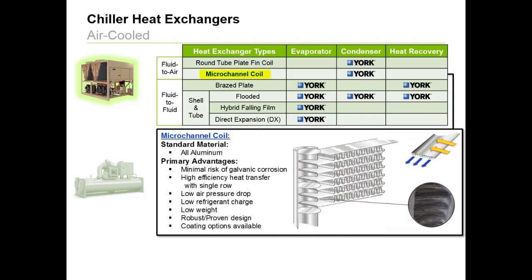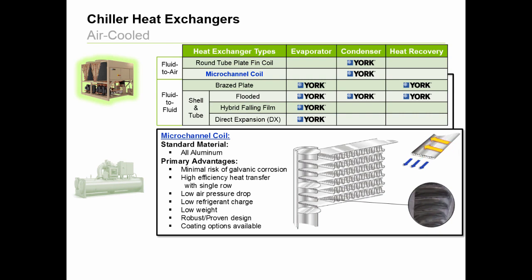Next, we have microchannel condenser coils. Their applications continue to grow, but they're primarily used with larger air-cooled scroll and screw chillers. In these heat exchangers, refrigerant flows through small passages in the condenser channel to follow the same phase change from a gas to a liquid as described with tube and fin coils.